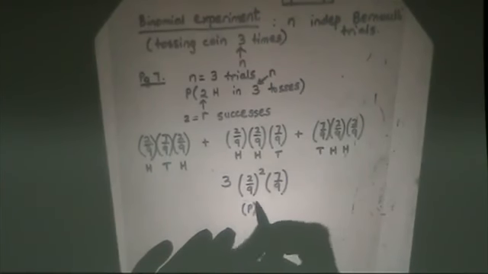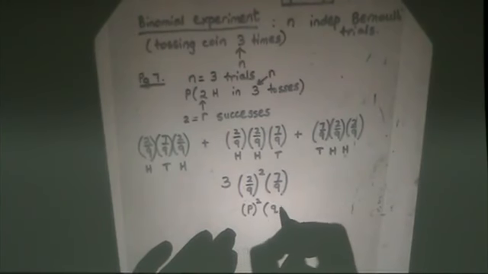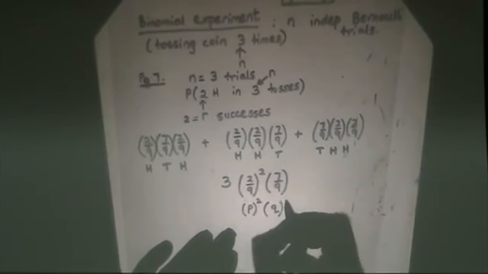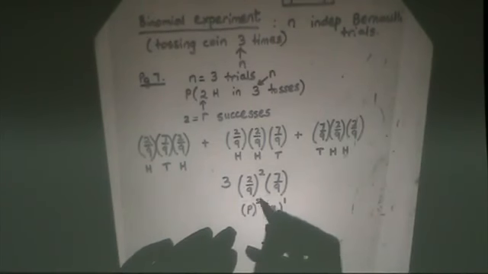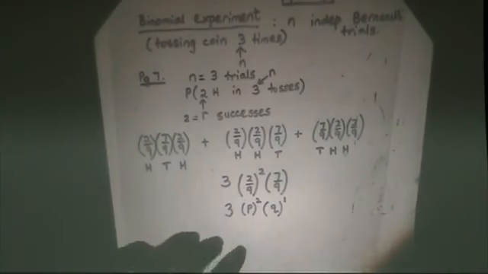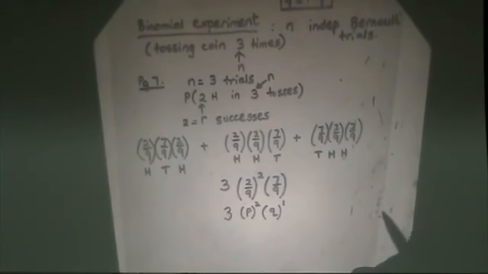And then the probability of heads, which is p, squared, because I have 2 heads, and the probability of tails, which is q, to the first power, because if I have 2 heads, then the third one is a tail, so there's only 1 tail. So heads probability squared, tails probability to the first power, because I want 2 heads and 1 tail, and then there are 3 arrangements such that this occurs. Get it?